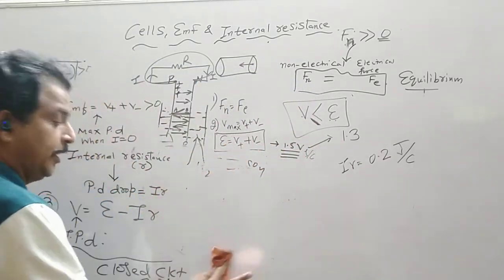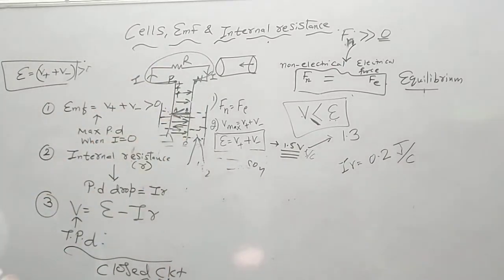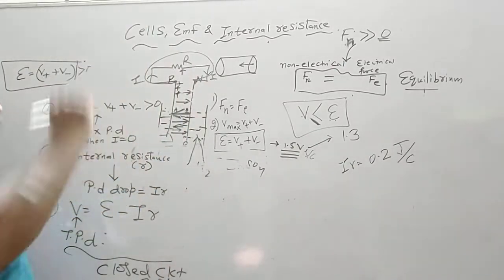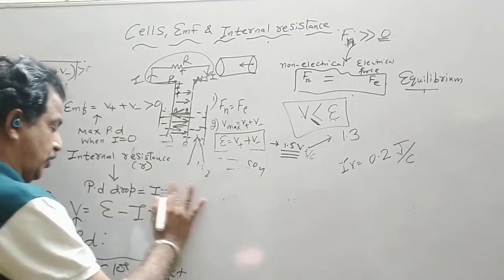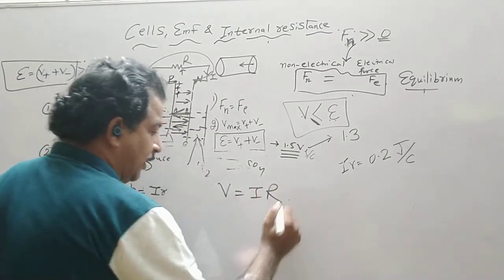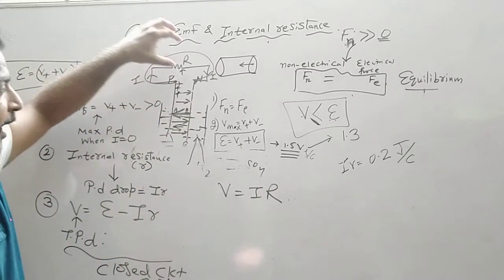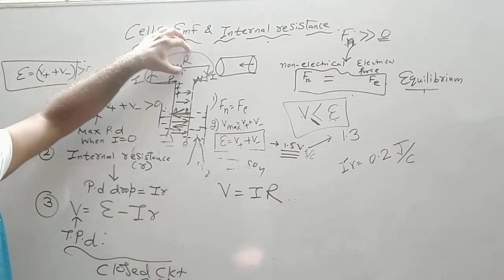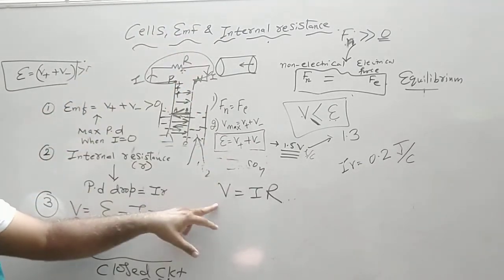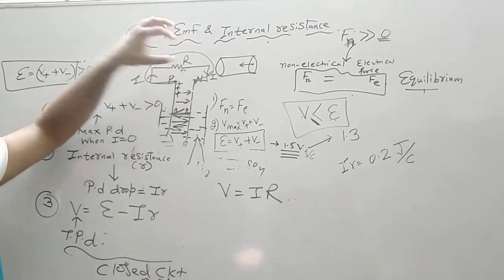Now when the current starts flowing, what is the potential drop across the external resistance? The potential drop across the external resistance is IR. Potential drop means how much energy per coulomb this device will use.